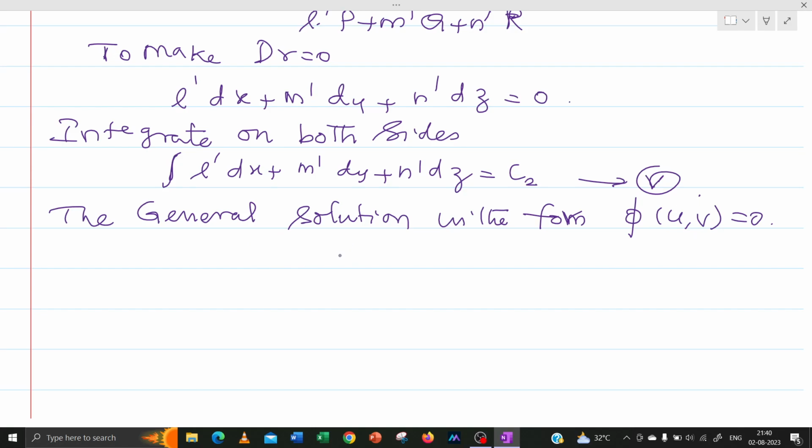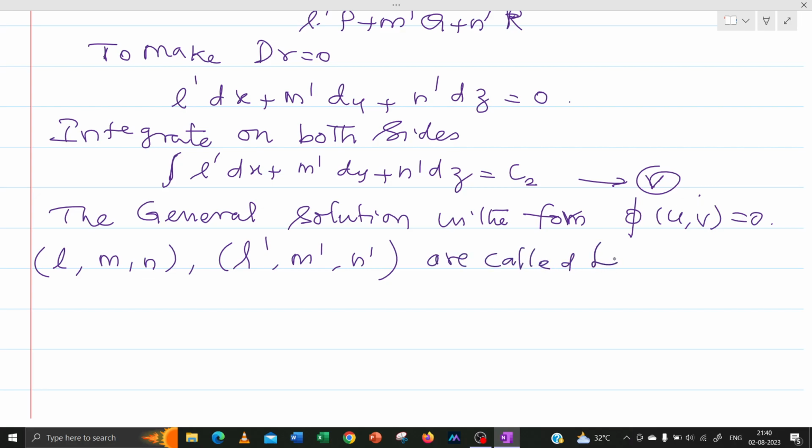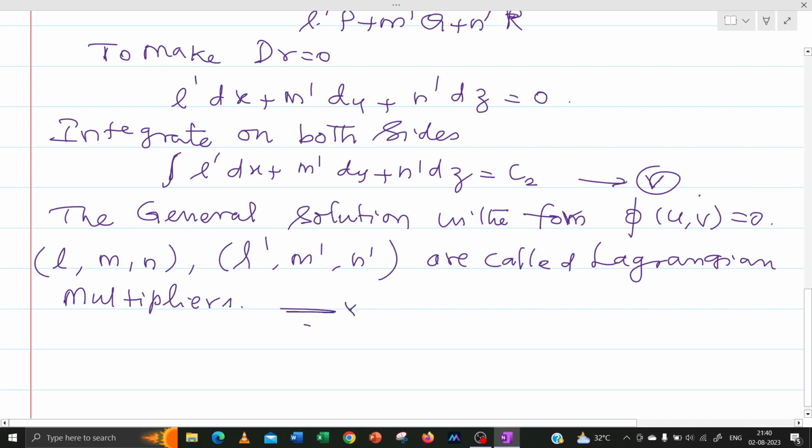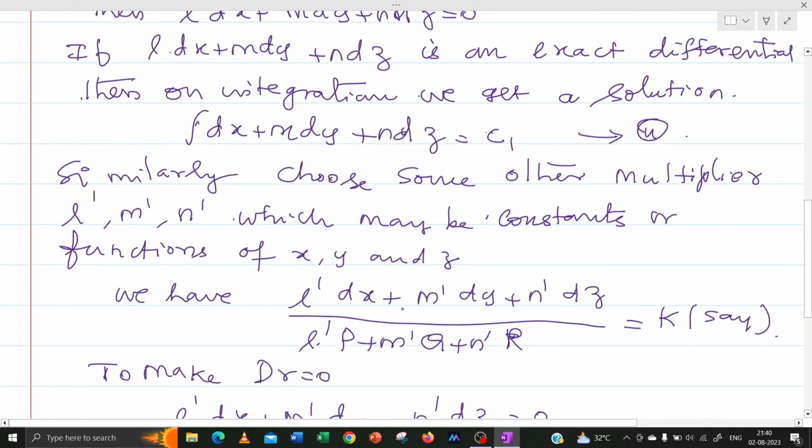Okay, so here this set of multipliers L, M, N and L dash, M dash, N dash are called Lagrangian multipliers. Please keep it in mind. It may come as an MCQ.